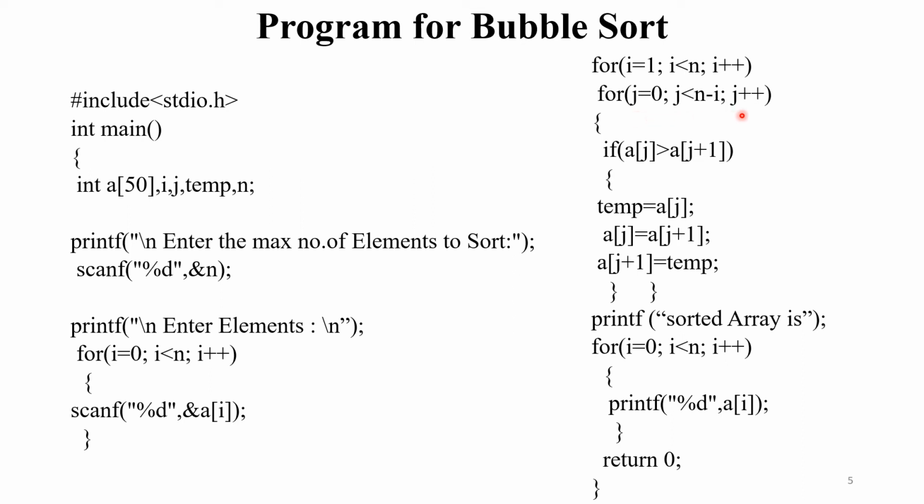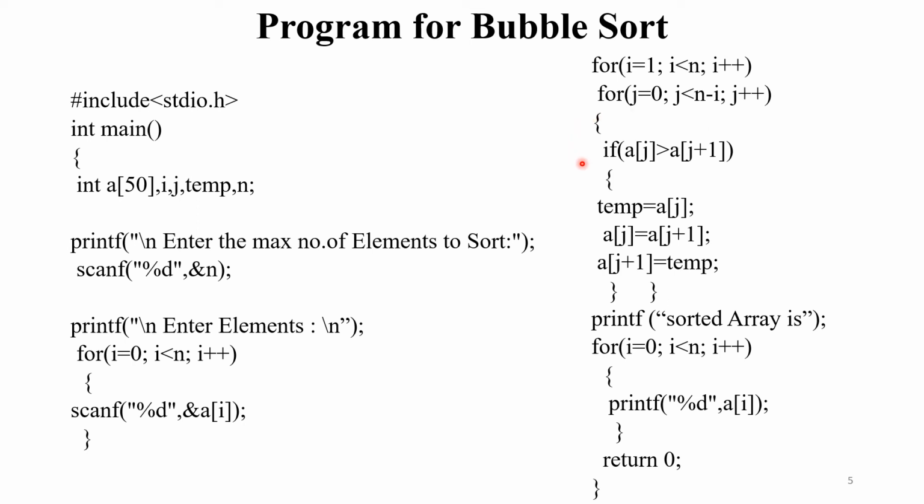So j is used for iteration and comparing two values. So j starts from 0 to j less than n minus i. Here the value of n is 5 and i is 1. So 5 minus 1 is 4. So j is less than 4, which means j goes from 0 to 3. So in the first pass the iteration is 0 to 3.